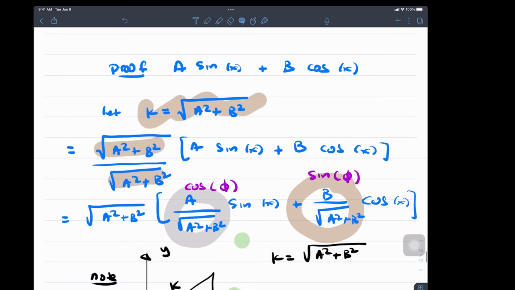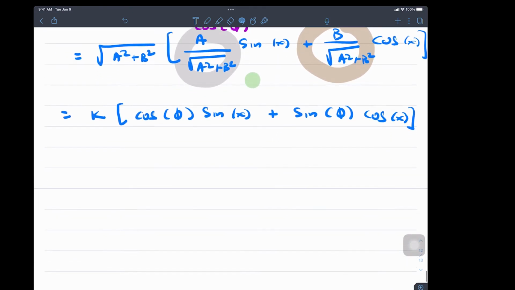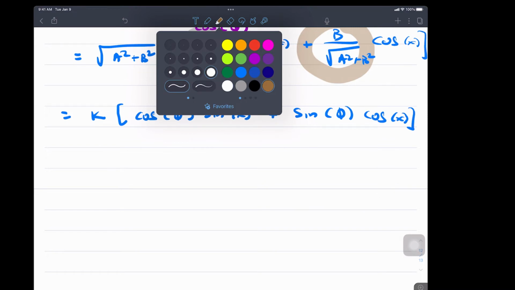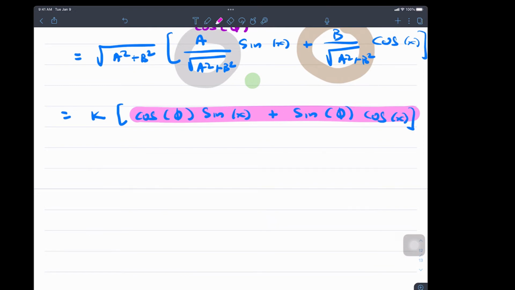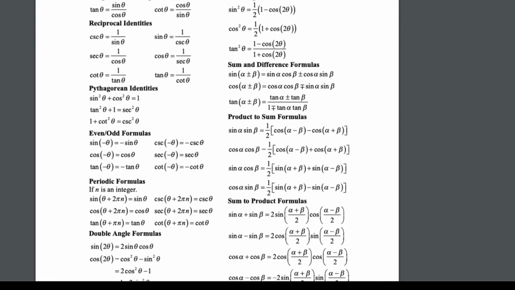You said that a sine x plus b cosine x, this is what this equals? Yes, it does. Okay. Now, if I go back to the sheet here and I ask you guys, I'm losing colors. Pretty in pink. Do I recognize cosine phi sine plus sine cosine anywhere? It's the sum formula of sine. Right. Cosine sine plus sine cosine.